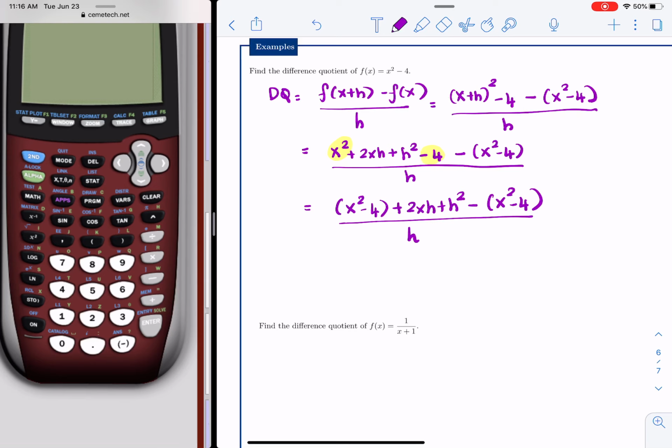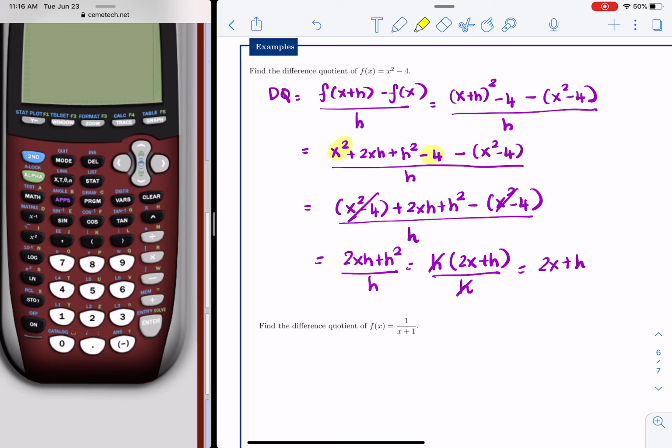And those two terms will get cancelled and you'd have 2xh plus h squared divided by h. We have the h in common in the numerator, so h times 2x plus h divided by h. The h's would go away. We simply have 2x plus h. Something interesting happened.